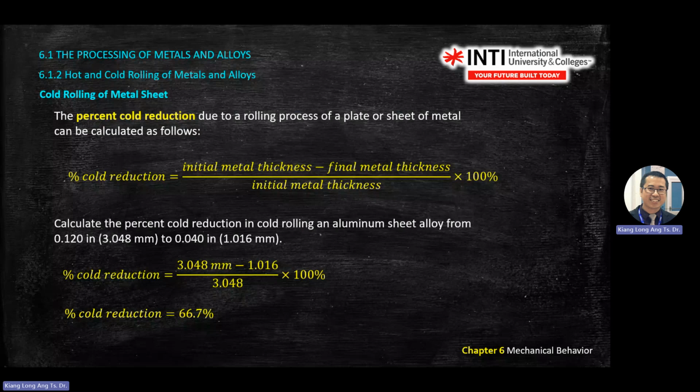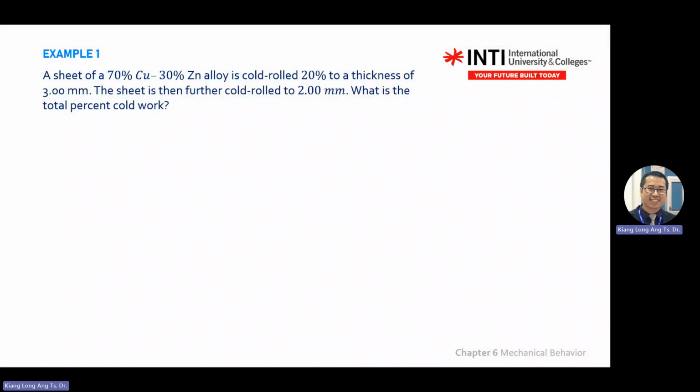Okay, so this is another exercise. Sometimes the question will not use cold reduction. It will use cold work. Same formula. It gives you a sheet of 70% copper with zinc, cold rolled 20% to a thickness of 3 mm. The sheet is further cold rolled to 2 mm.